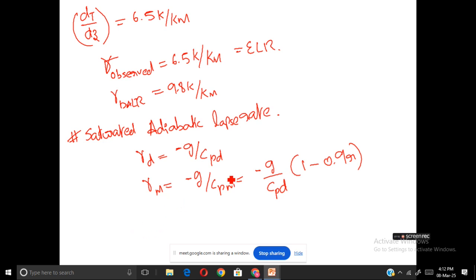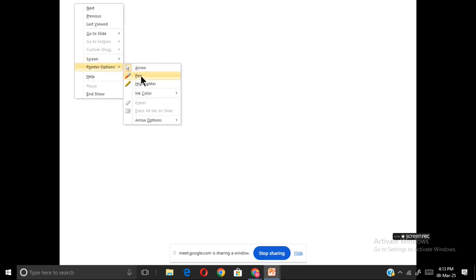In this case the parcel is moist, which means it has water vapor, but it is not saturated, it is unsaturated. Now what will happen if the parcel is saturated? So we will see that. Once the parcel is saturated, the lapse rate is known as the saturated adiabatic lapse rate.